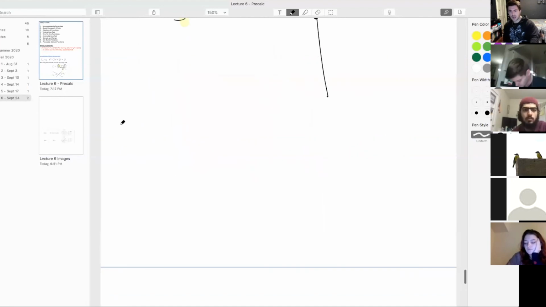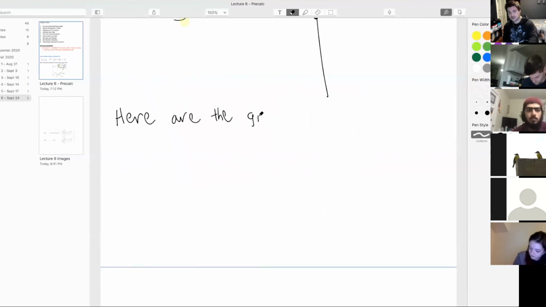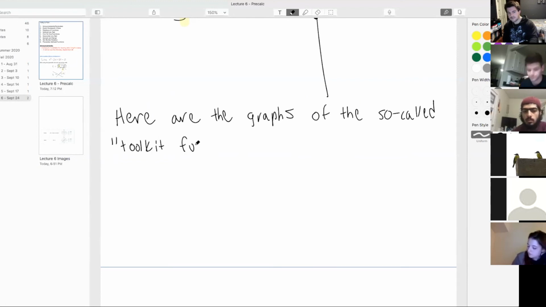All right, so now I'm going to introduce some very commonly used functions, functions that we're going to call upon in class very often. Let me write a little bit. So here are the graphs of the so-called toolkit functions. These are also called parent functions in some books.